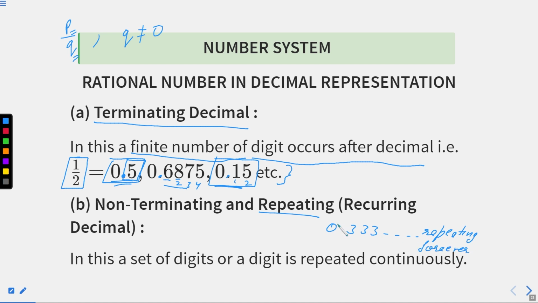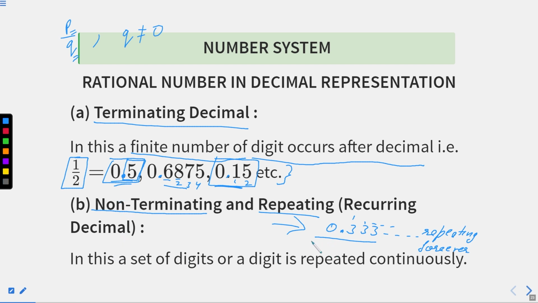We can easily see that it is non-terminating because there is no finite number of digits at which we can stop. So it is not terminating, but it is repeating: 3 3 3 3 3, everywhere is 3. These types of forms are also rational numbers.